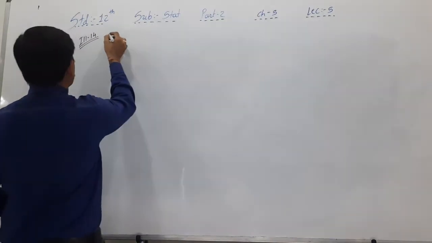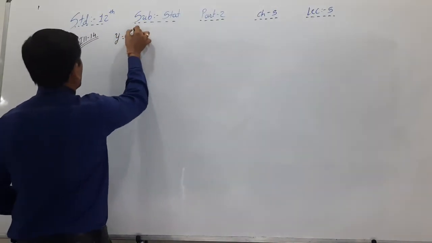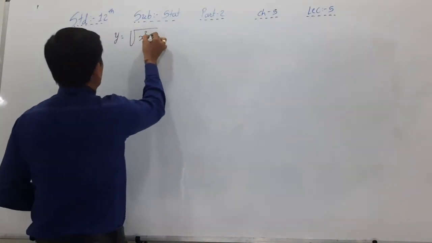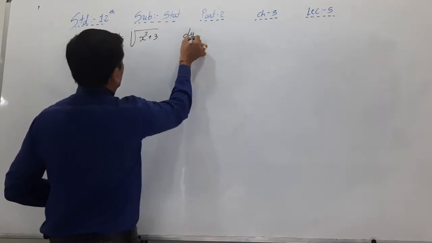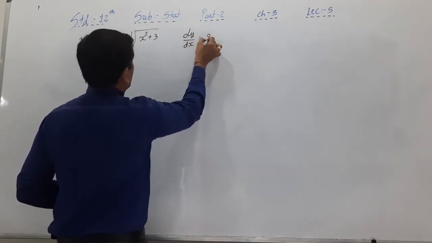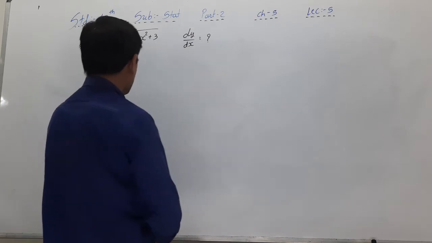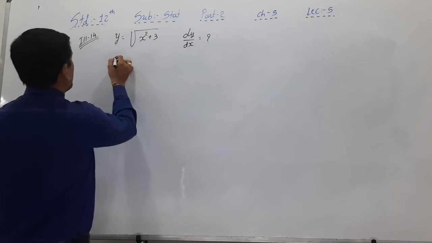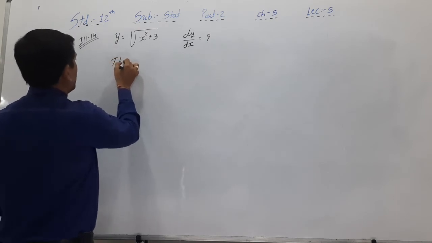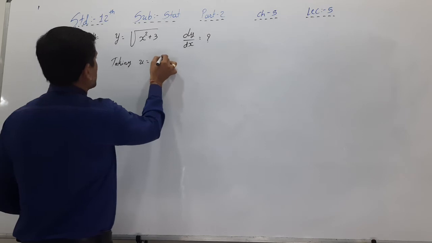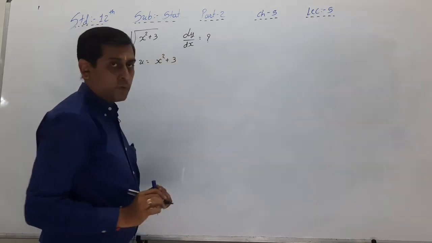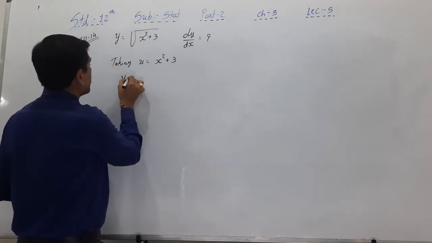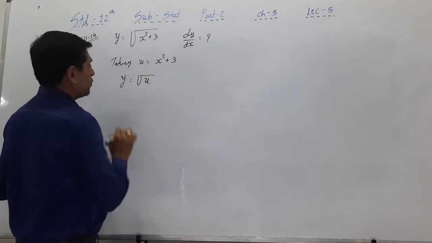Dy by dx, y is equal to square root of x square plus 3, and we want dy by dx. First of all, suppose u is equal to x square plus 3, then y is equal to square root u.